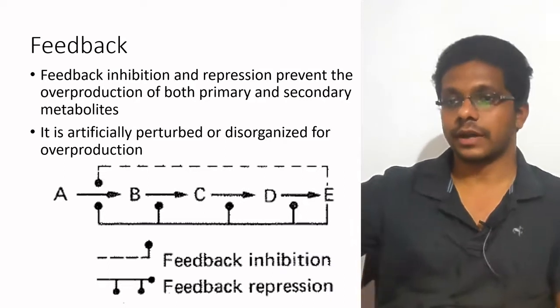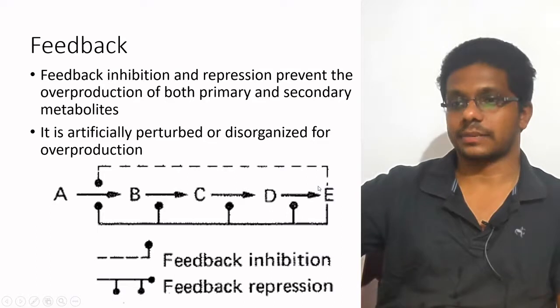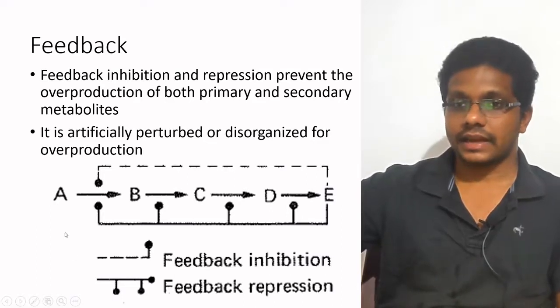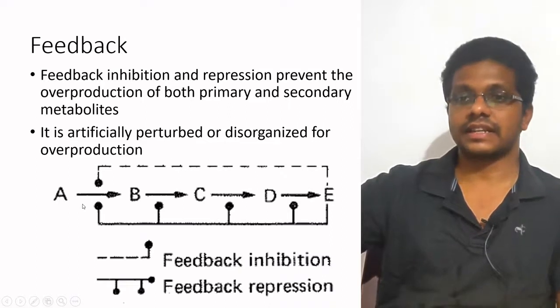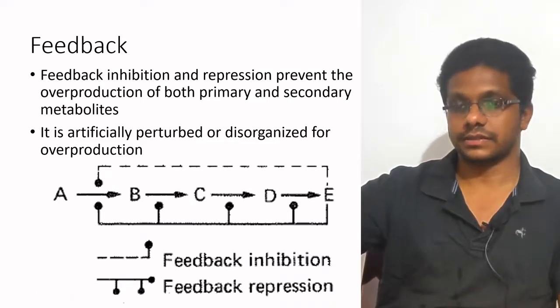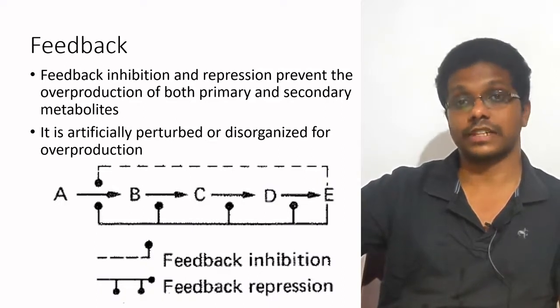I'm sure that you already have an idea about feedback inhibition and feedback repression. Here I am explaining this with a conceptual biochemical pathway. It is just like the pathway we studied in biochemistry, like glycolysis, in which glucose is converted into pyruvate.